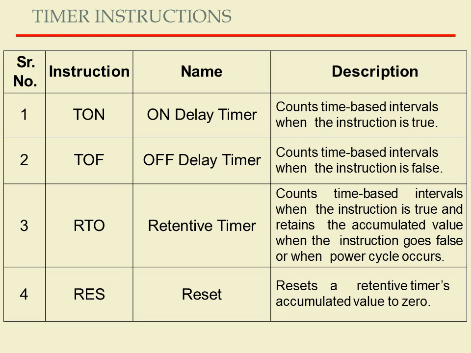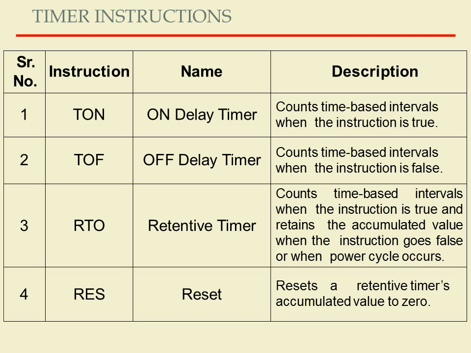Next part is timer instructions. Here you can see 4 types of timer instructions: TON, TOF, RTO and RES. TON means on delay timer. It counts time based intervals when the instruction is true. Then TOF, off delay timer, counts time based intervals when the instruction is false.